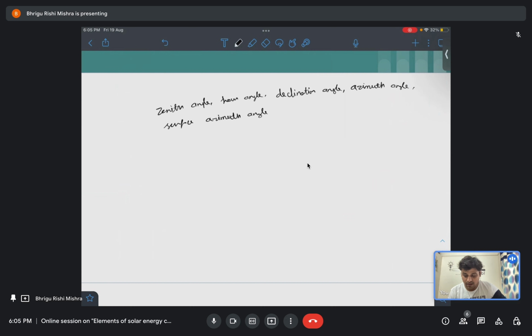In this week 4 lecture, the derivation of these angles in a global way.